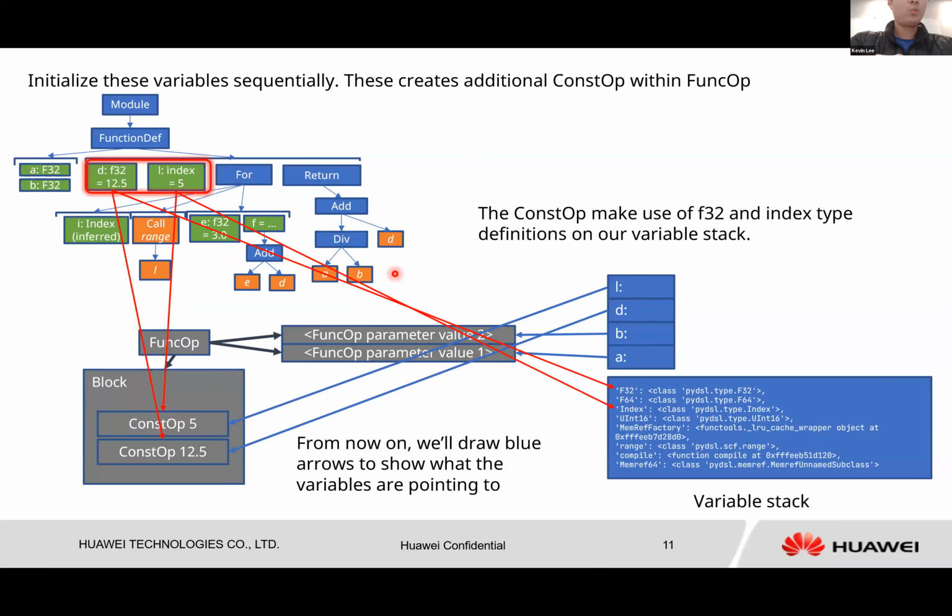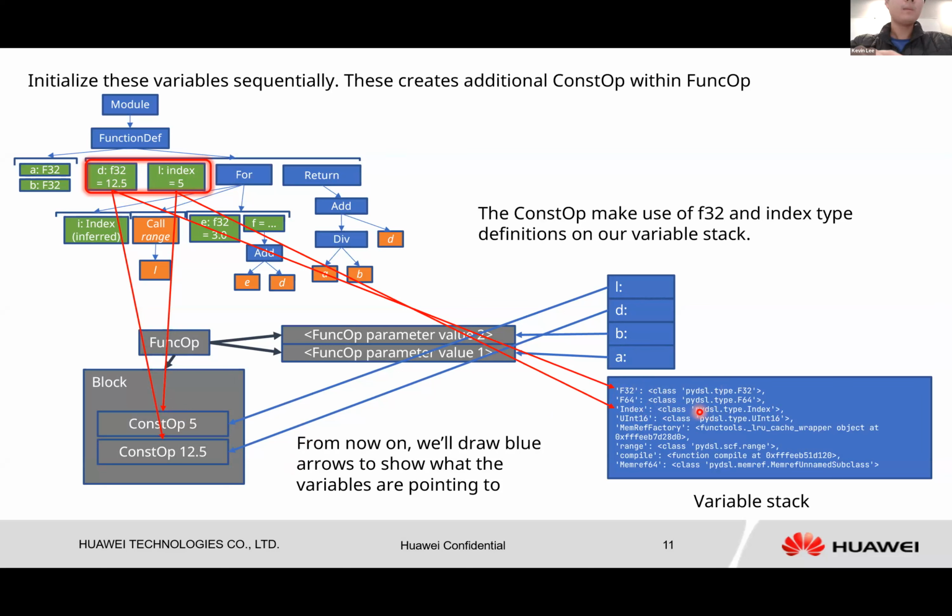After that, we start walking through the body. We first initialize a D variable of type F32 and L of type index. In order to know what these types are, we refer to the results of the locals function that we called earlier. These include the types that we have imported.